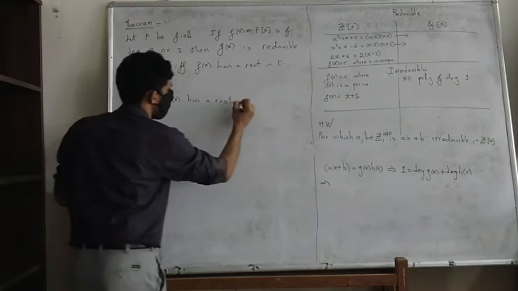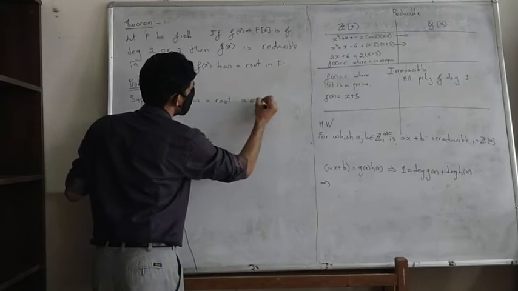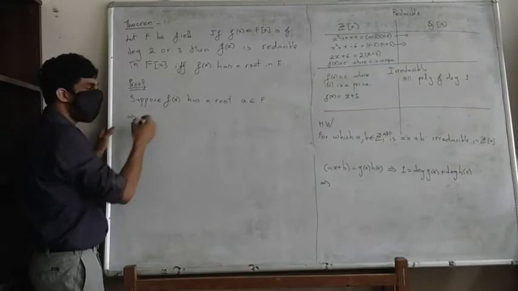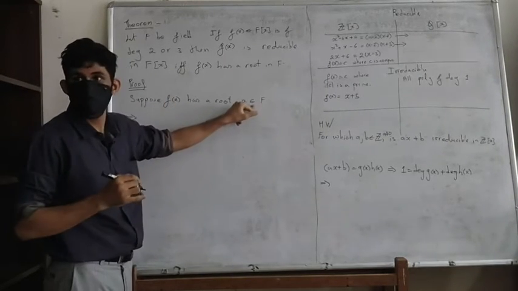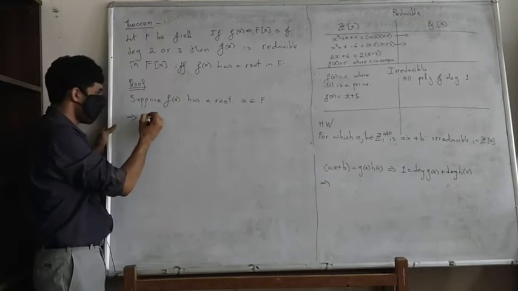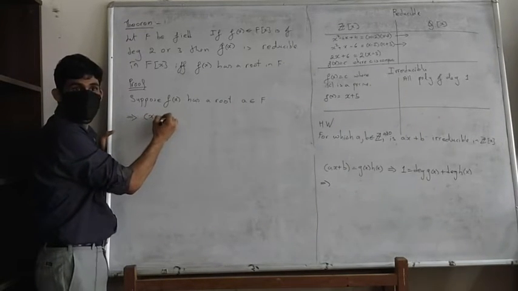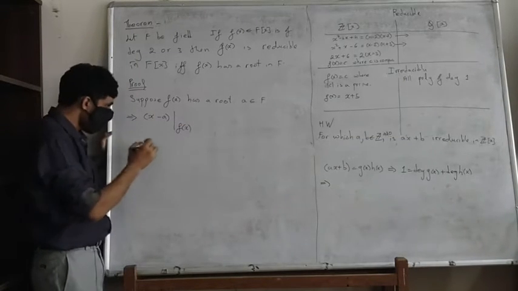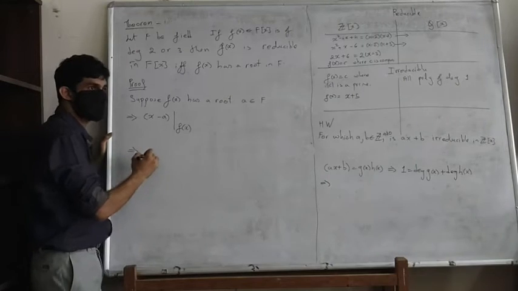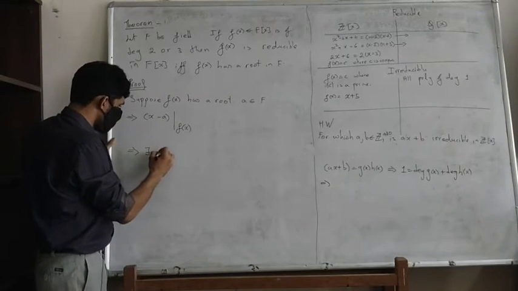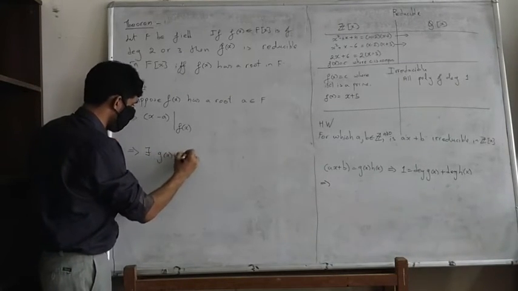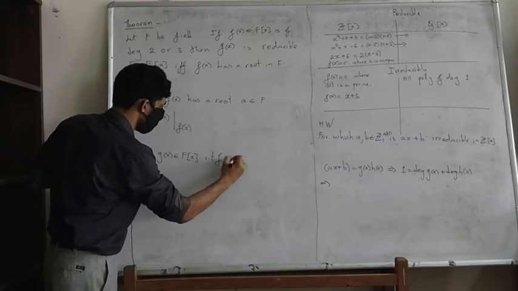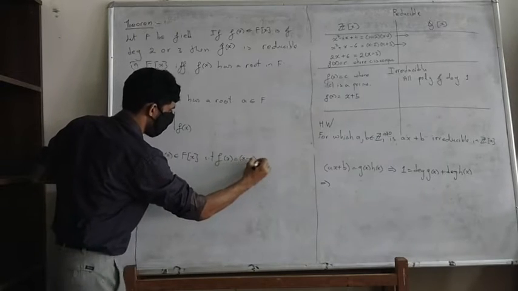What does it mean to have a root? Let's call that root a. What we have said is that if f of x has a root, then x minus a divides f of x, right? That means there is some g of x in F[x] such that f of x equals x minus a times g of x.